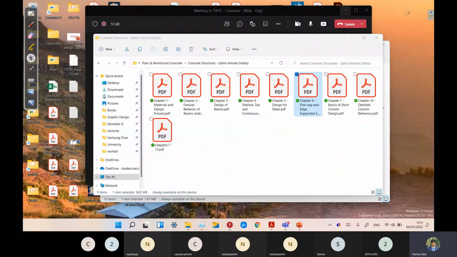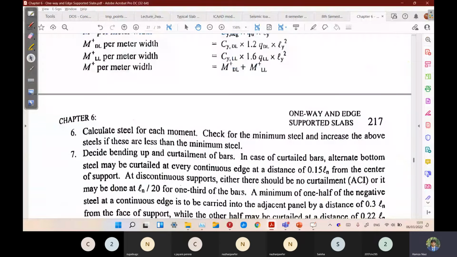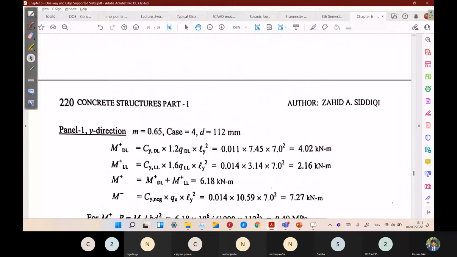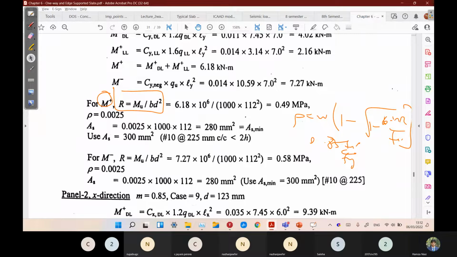Afterwards, it's exactly the same as for D. If we have the moments, we can find the steel area by R equal to Mu over BD square, and we can use rho equal to omega times 1 minus the square root of 1 minus 0.14 R over Fc dash, where omega is 0.85 Fc dash over Fy. Just plug in the values and we can calculate the positive steel from M positive, and the negative steel from M negative.